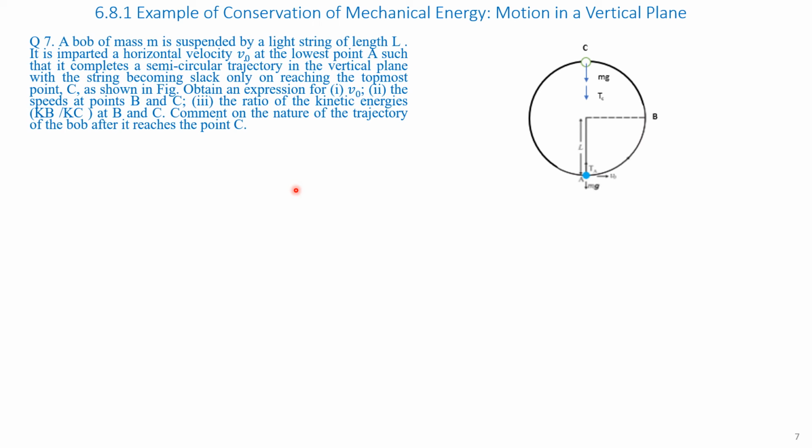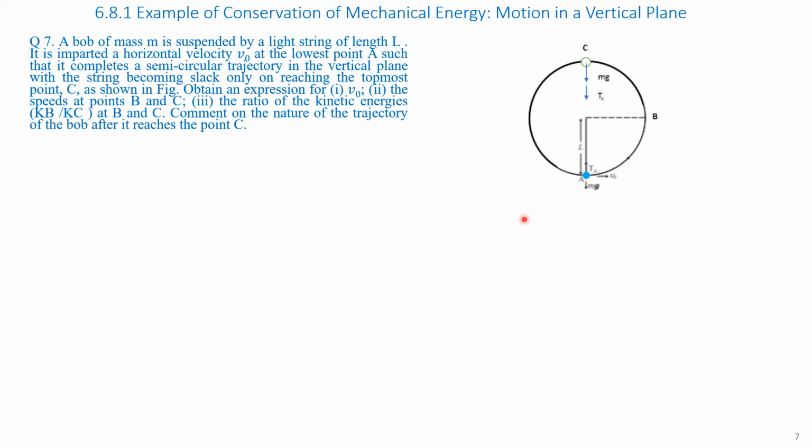Obtain an expression for v0 and the speeds at points B and C. Finally, find the ratio of kinetic energies, KB to KC, at points B and C. Comment on the nature of the trajectory of the bob after it reaches point C.